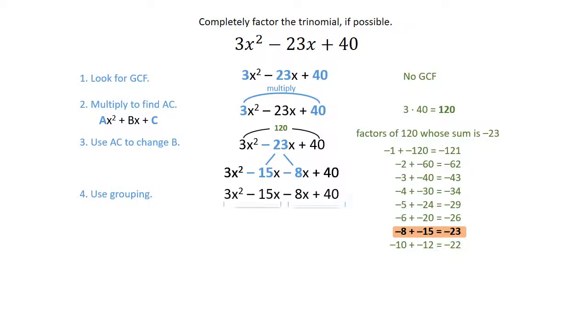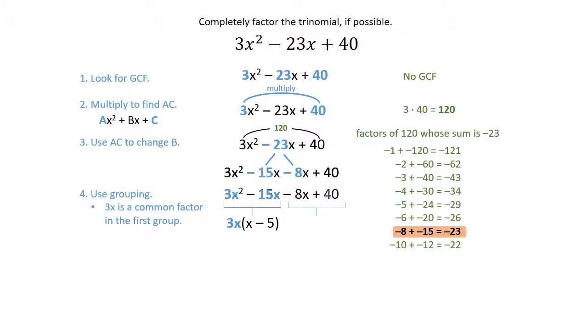So in the first two terms and the second two terms, we're looking for factors that we can pull out and leave something behind. In the first two terms, looking at that 3x and that 15x, it looks like 3x is a common factor that we can remove. So we're going to take a 3x out, and when we do that, that leaves us with x minus 5.